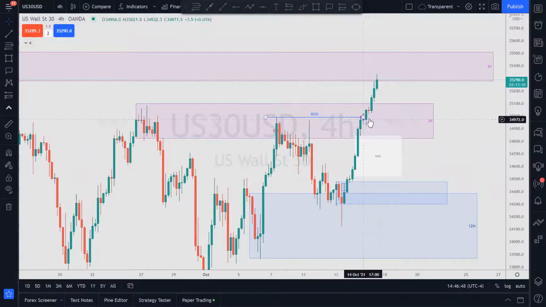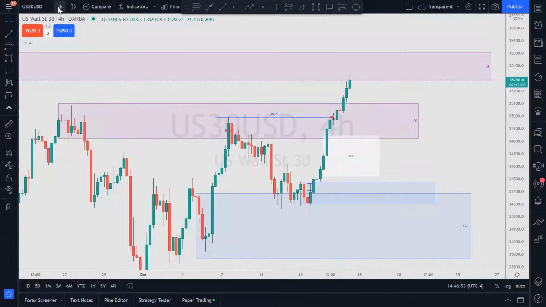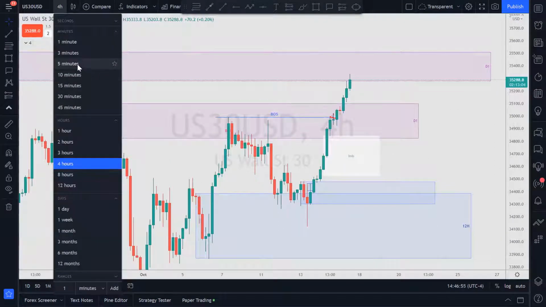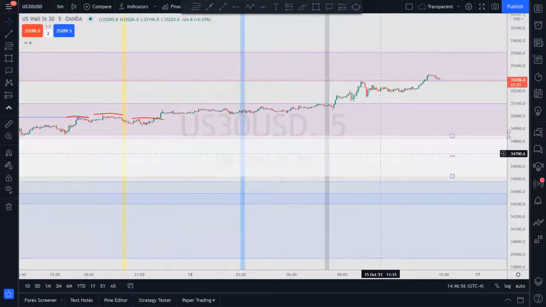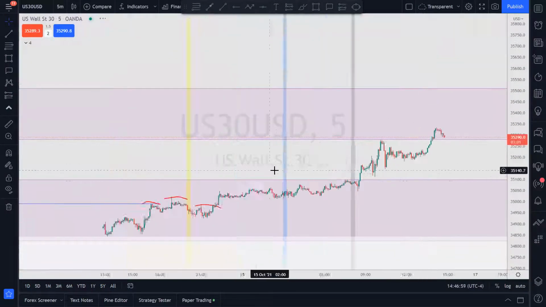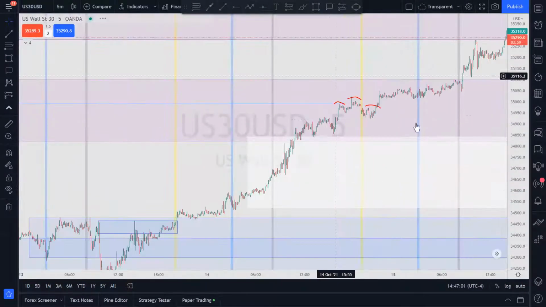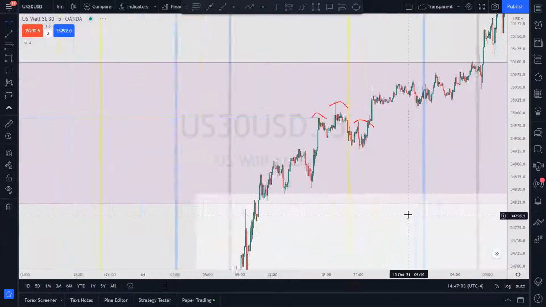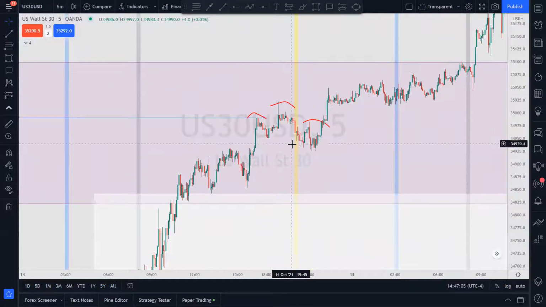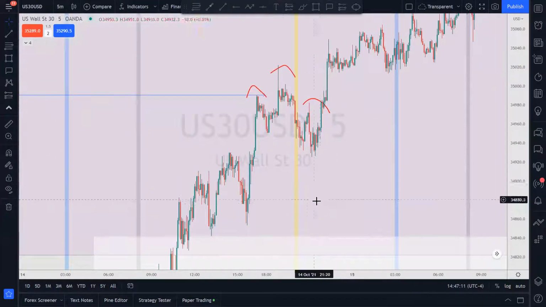So I wasn't exactly 100% sold on this, but on the lower time frames, that was looking pretty good. But you don't have the proper confluences here.